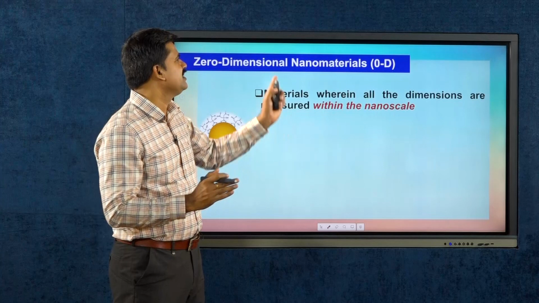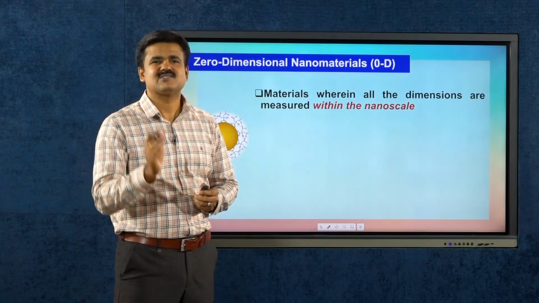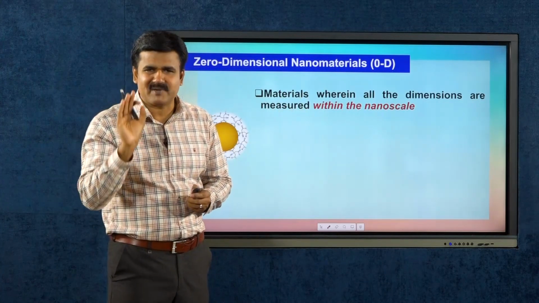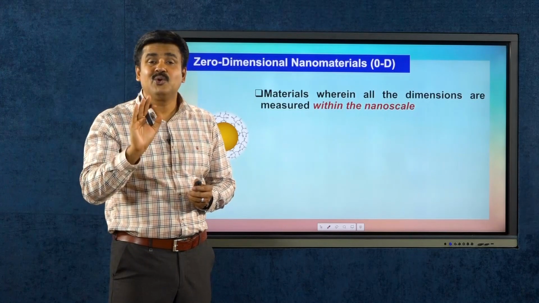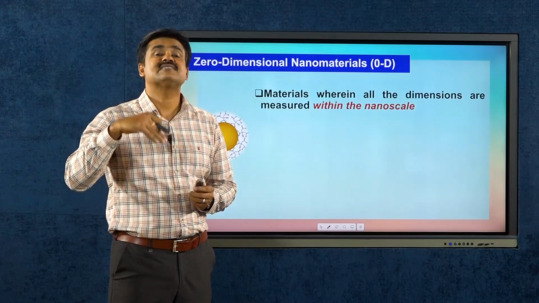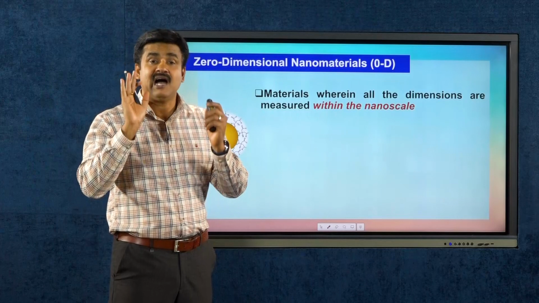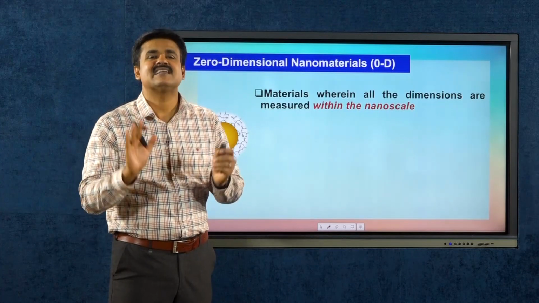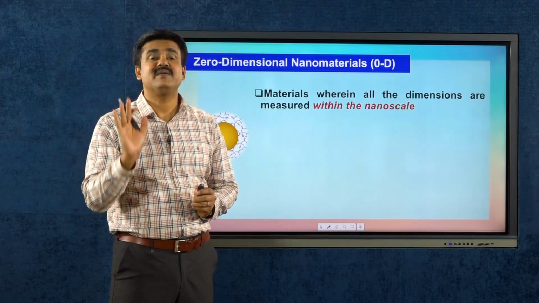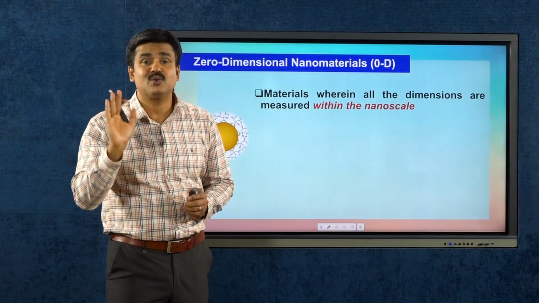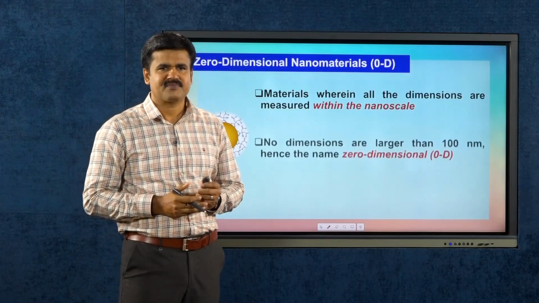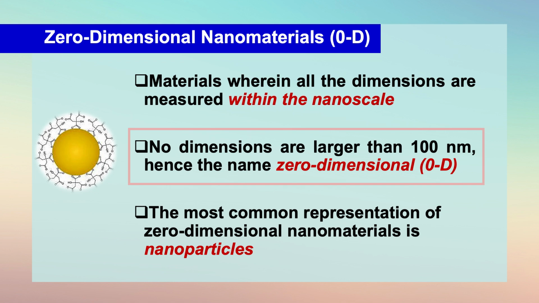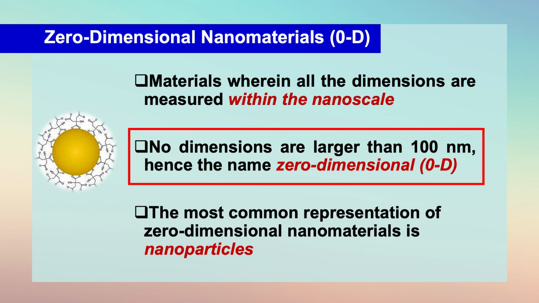Hence the name zero-dimensional. The number 0 represents the fact that no dimensions are outside the nanoscale. All dimensions are inside the nanoscale. That is the meaning of the term zero-dimensional. No dimensions are larger than 100 nanometer, hence the name zero-dimensional.